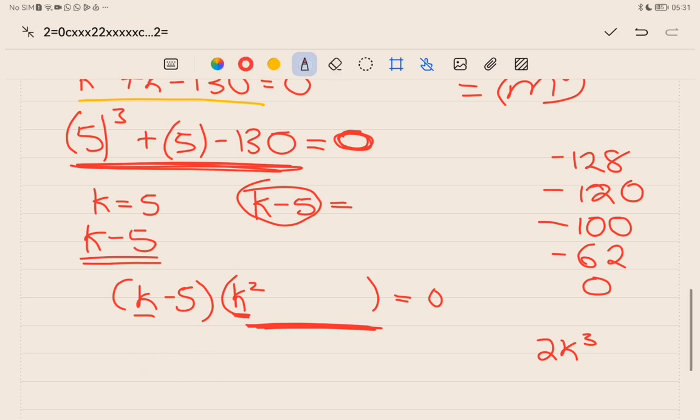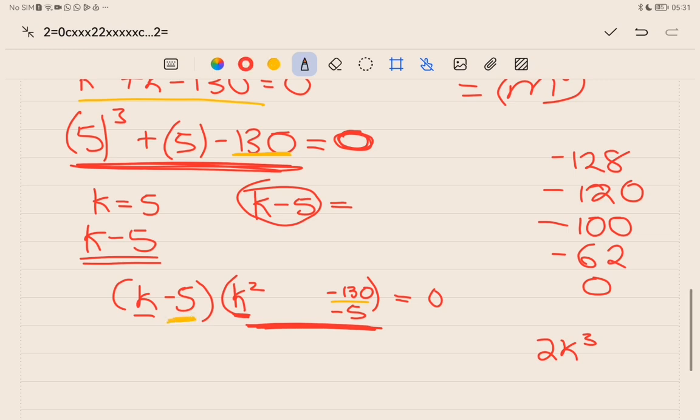Then the next step, it is for you to say negative 130, which is this, divided by negative 5, which is this.